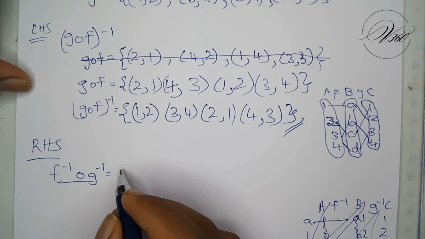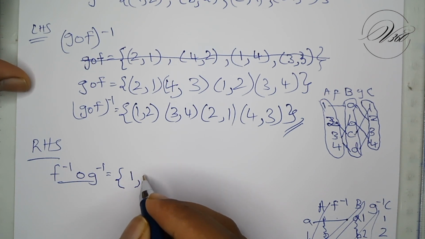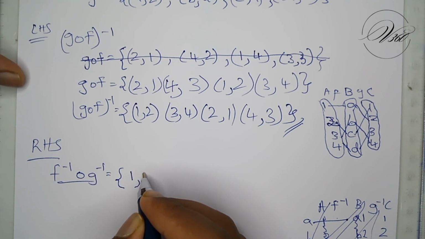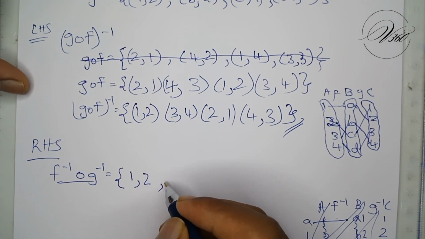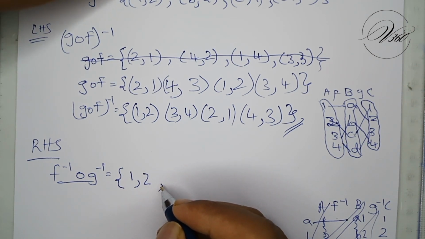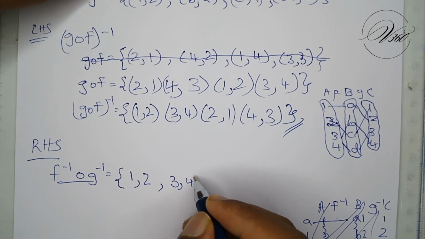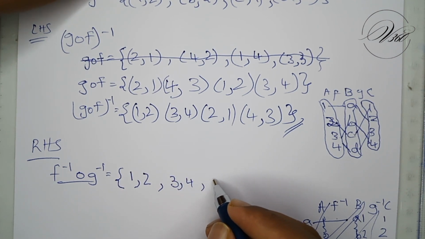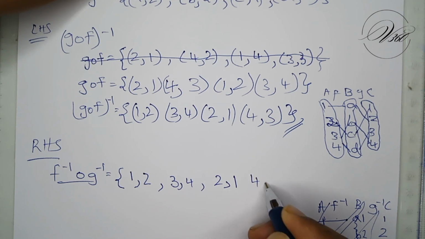That is, this is 1 comma 2, and the next one is 3 comma 4 for the second one, and next one is 2 comma 1, and the next one is 4 comma 3.